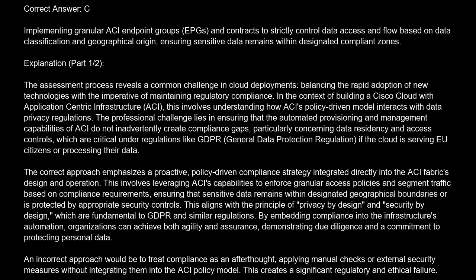This aligns with the principle of privacy by design and security by design, which are fundamental to GDPR and similar regulations. By embedding compliance into the infrastructure's automation, organizations can achieve both agility and assurance, demonstrating due diligence and a commitment to protecting personal data.